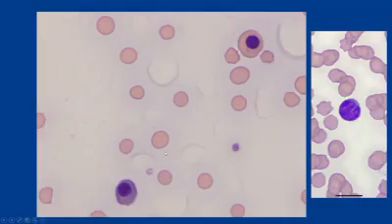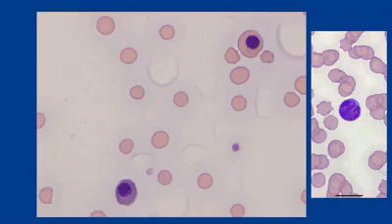So you may be asking yourself, well, what exactly are these? Or you maybe already know, which would be sweet, good for you. These are metarubricytes, or nucleated red blood cells, also abbreviated NRBCs. These are precursors to red blood cells.